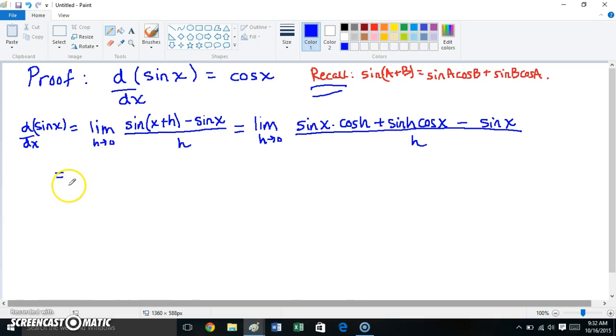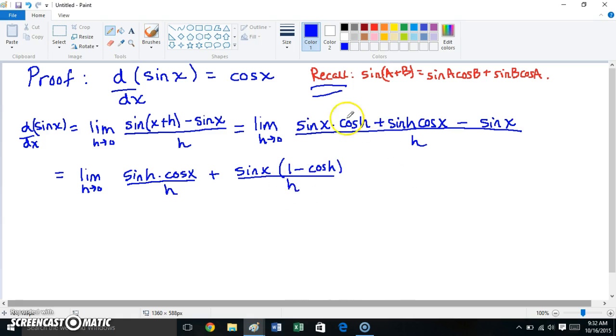Okay, we're going to do a little rearranging and factoring of the numerator. And I'm going to say the limit as h approaches 0 of the sine of h times the cosine of x all over h plus the sine of x times 1 minus cosine of h all over h.